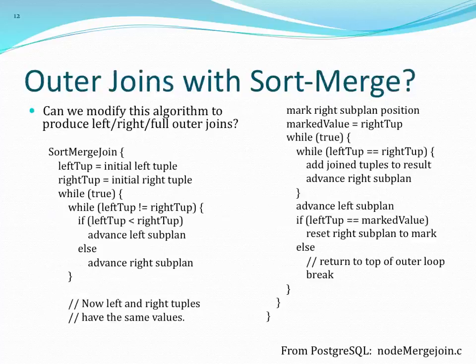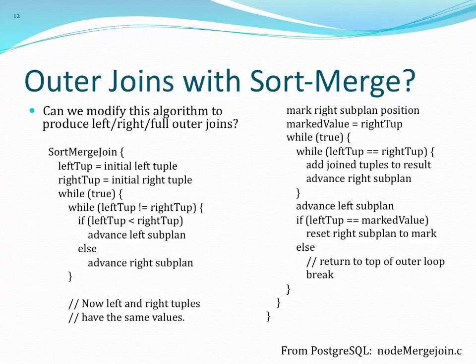Okay, outer joins. Where would we do left outer joins? Well, where do we handle rows that don't match? Everybody see where we handle rows that don't match? It's in that first innermost while loop.